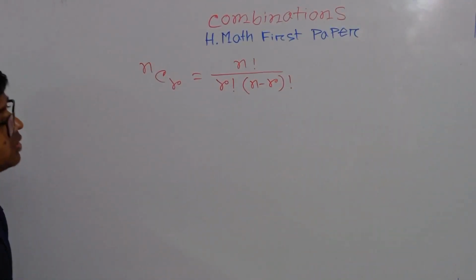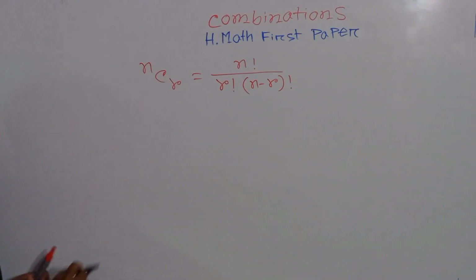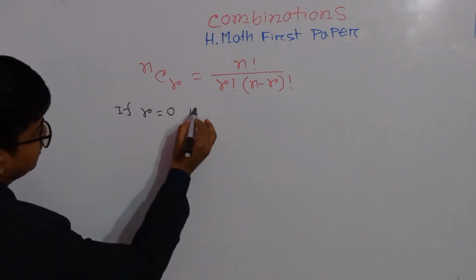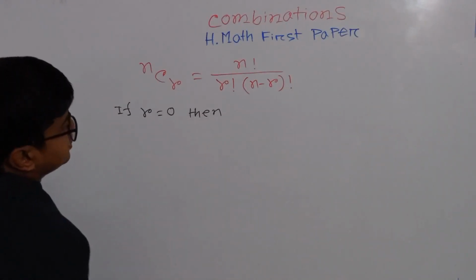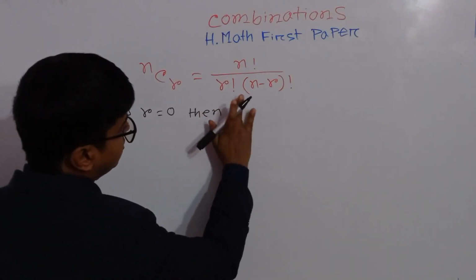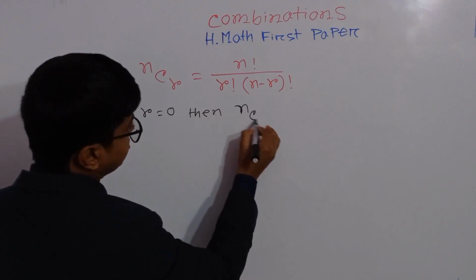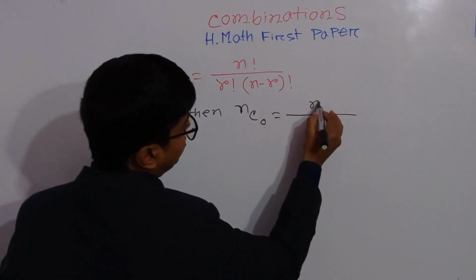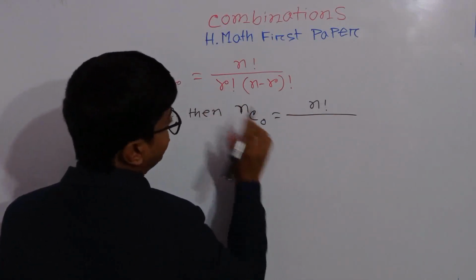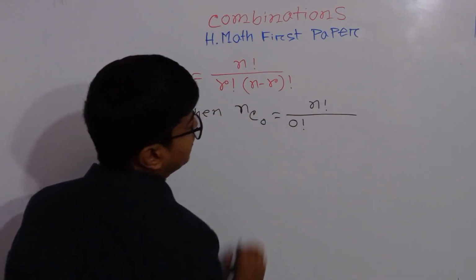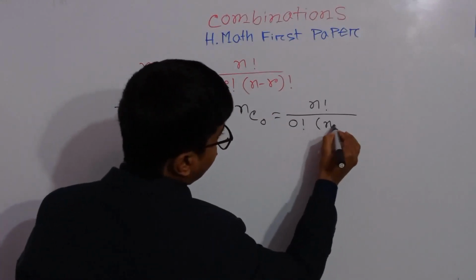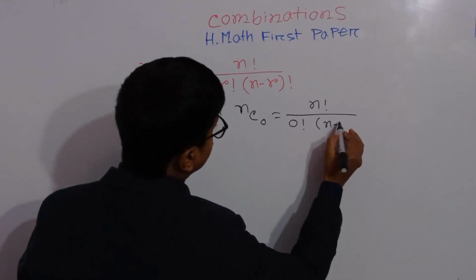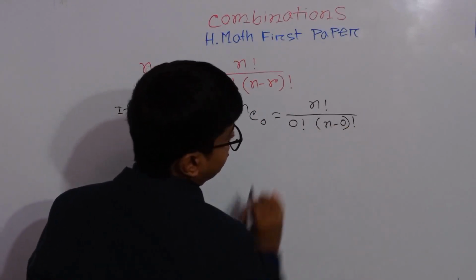Look at this. If r equals 0, then nC0 will be factorial n divided by factorial 0 into factorial n minus 0.